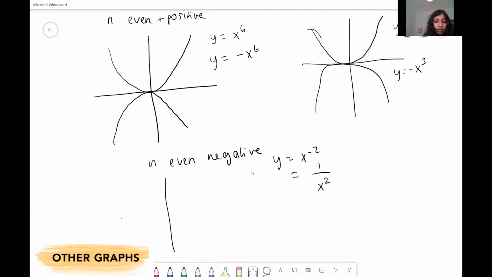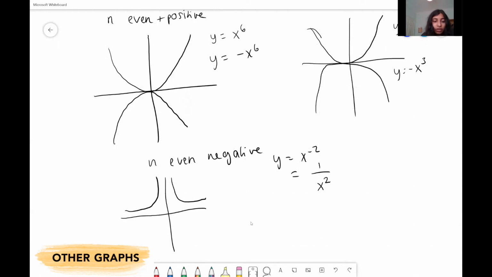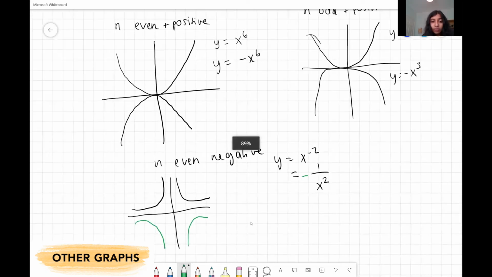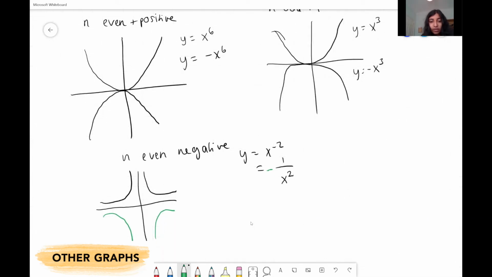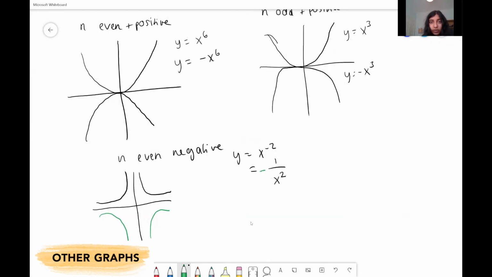Then you'd have two graphs that look like this, and vice versa, if this is negative, like minus 1 over x squared, it would just be flipped around. But that's how they would all look. So this could be the same for when it's y equals 1 over x to the 4 or y equals 1 over x to the 6. That would always look like this.